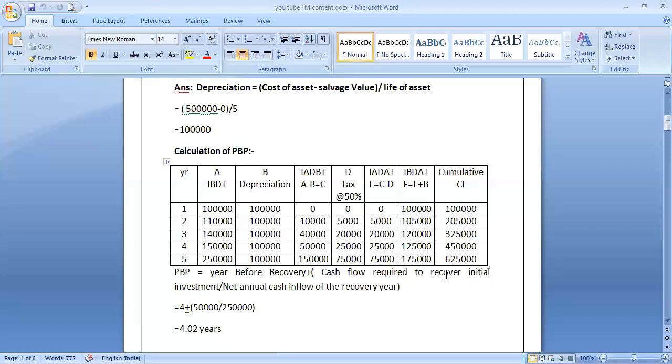So 50,000 divided by the actual cash inflow in the fifth year, 2,50,000. So 4 plus 50,000 divided by 2,50,000 equals 4.02 years. So the investment we have made, around 5 lakh rupees, the Vastu Limited will get back in 4.02 years.